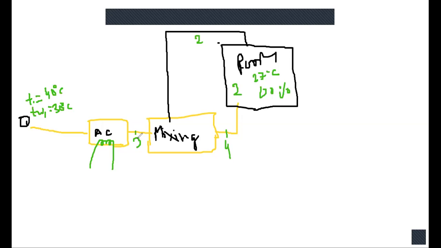Please read the condition in our numerical carefully. The condition of air leaving the coil is at 18 degree.